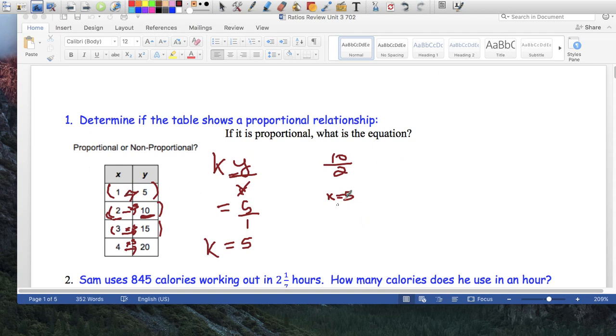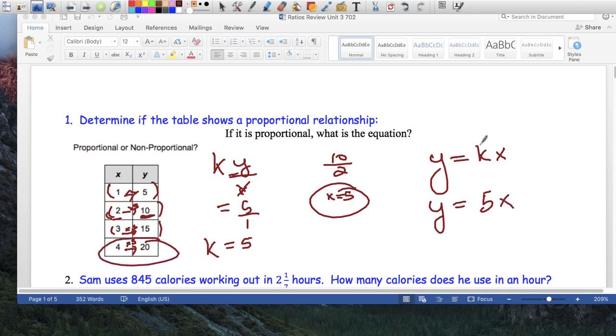So what is the equation? Well, if this is the constant of proportionality, y equals kx, right? So it would be simply y equals 5x. And you can always double check, so I'm going to use the last one, 4, 20.